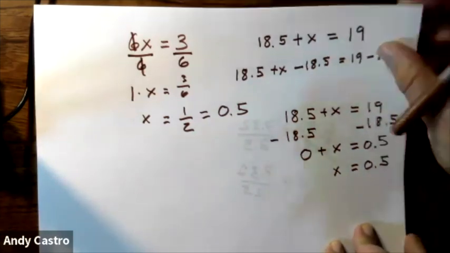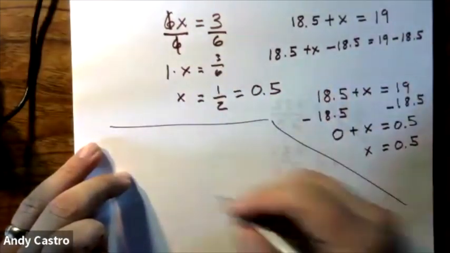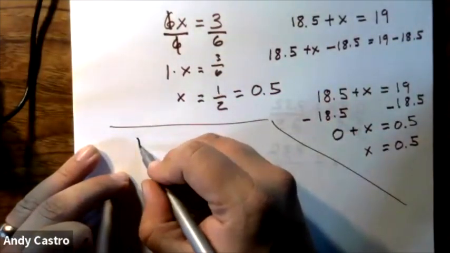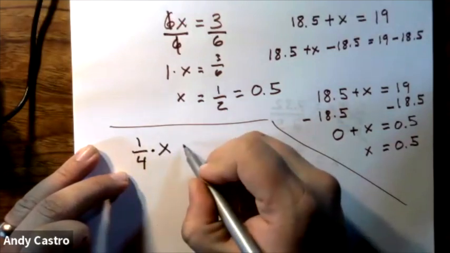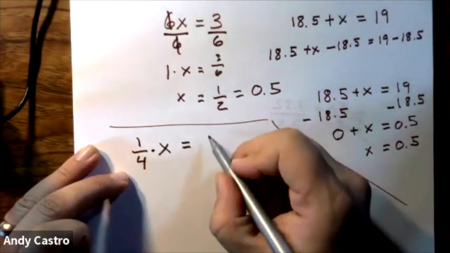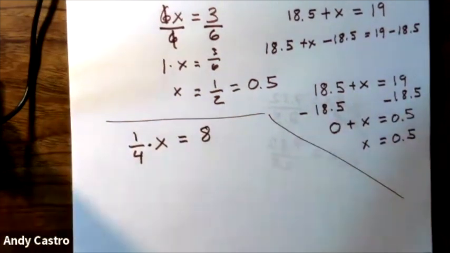All right, let me give you guys another practice one. Let's do 1/4 times x is equal to 8. See if you can figure out what x is. This one you can do logically.